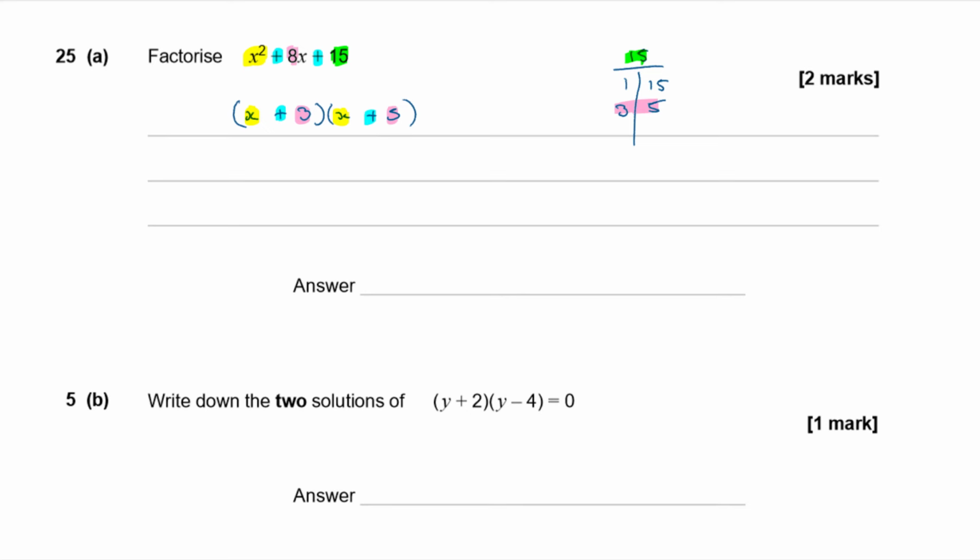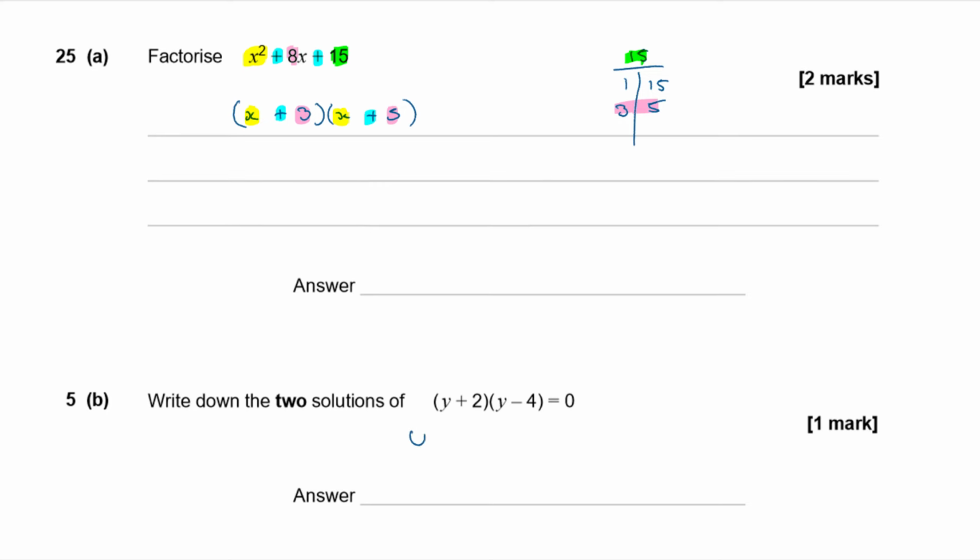And then 25b says, write down two solutions of y plus 2 times y minus 4 is equal to 0. Okay. Well, if I've got two things and I multiply them together and I get 0, that must mean that one of the things was 0 to start with, because you can only get 0 if one of the things you multiply is 0, isn't it?